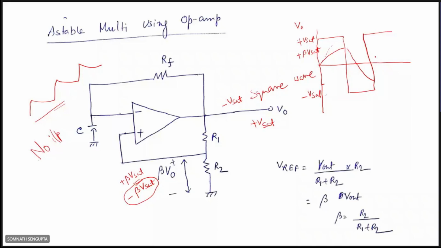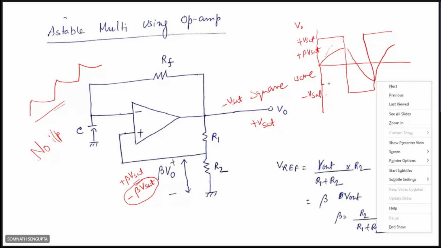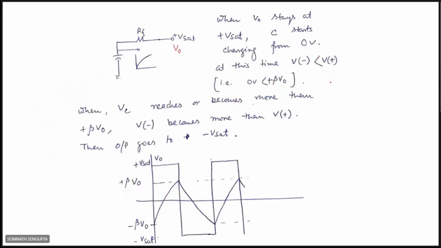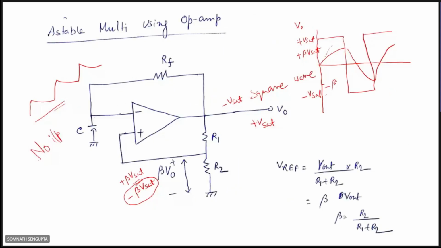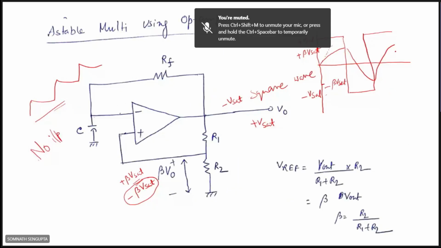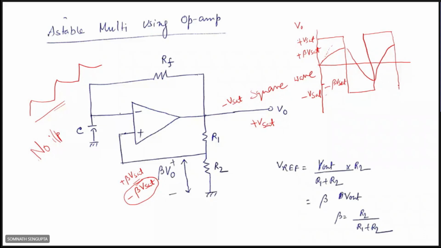Again the capacitor will start charging from this value minus beta Vsat toward plus Vsat, and the state will change again when it reaches plus beta Vsat. So this is the operation.